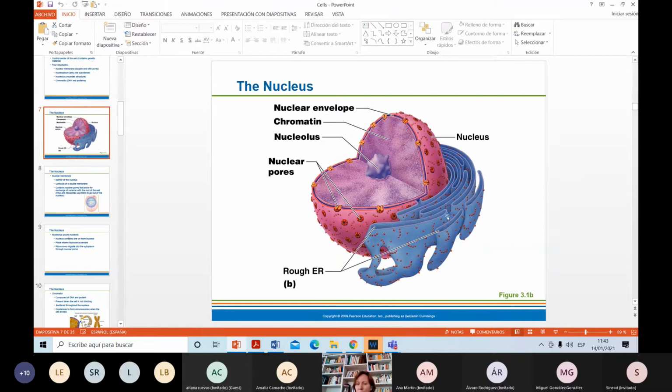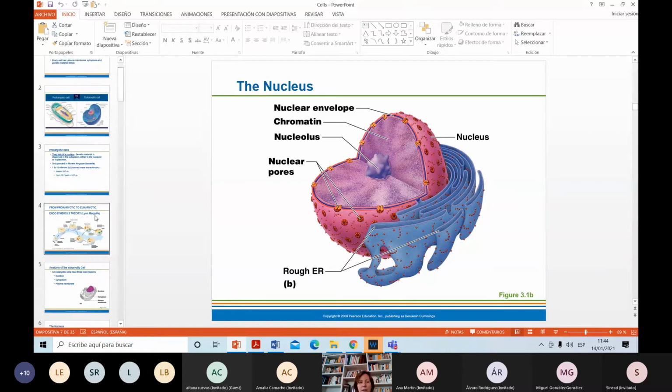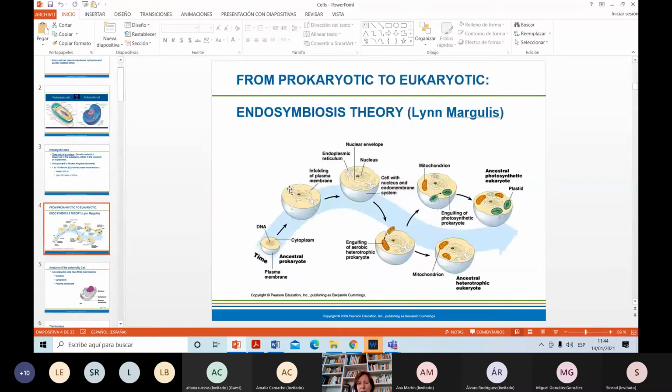And if you see the endoplasmic reticulum, that also seems to be kind of a double membrane. So it could be the result of this membrane enfolding and then forming this structure.